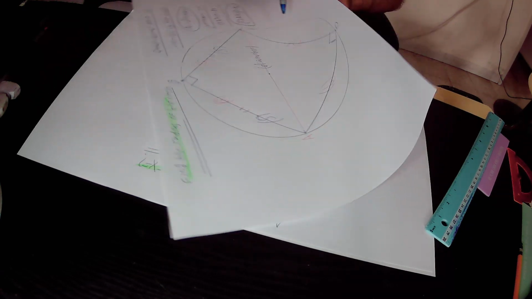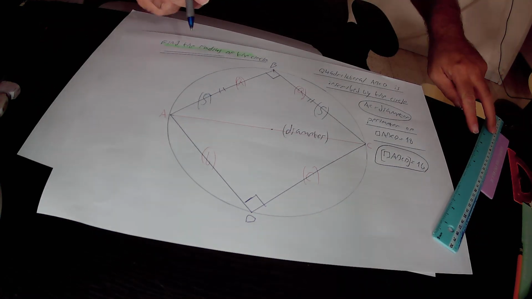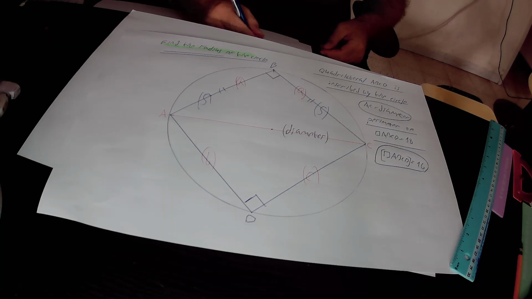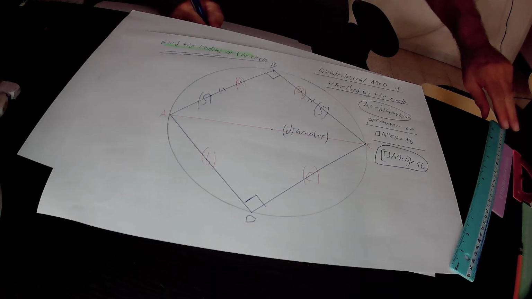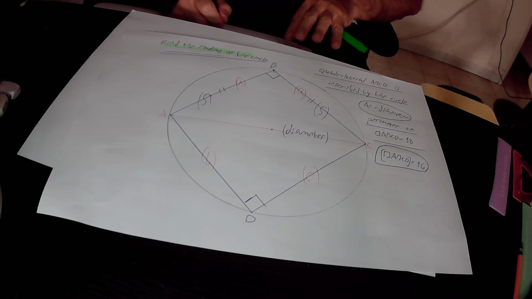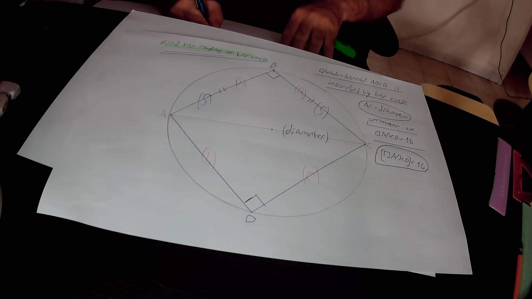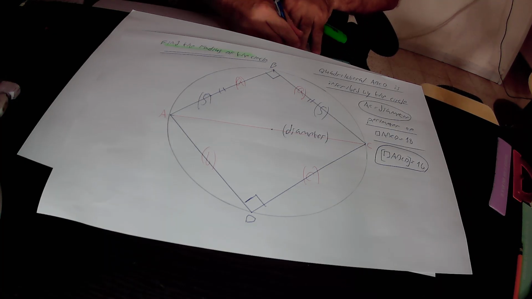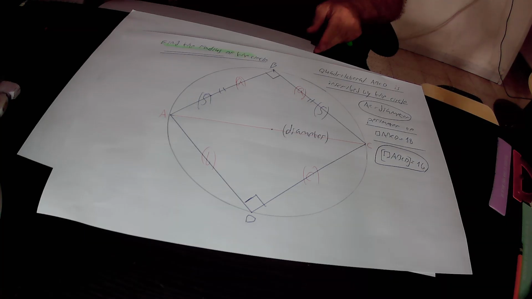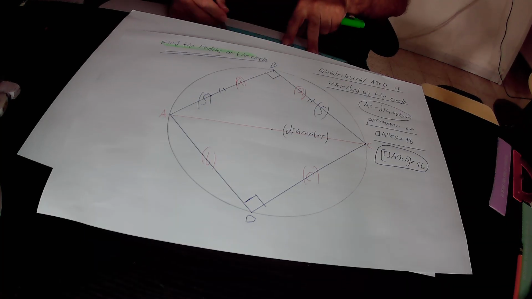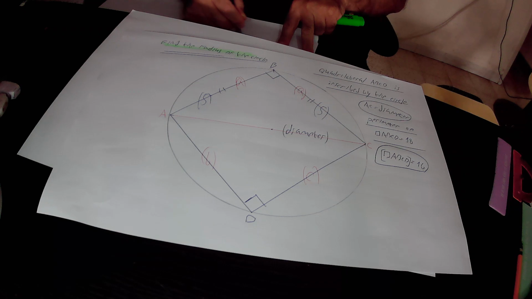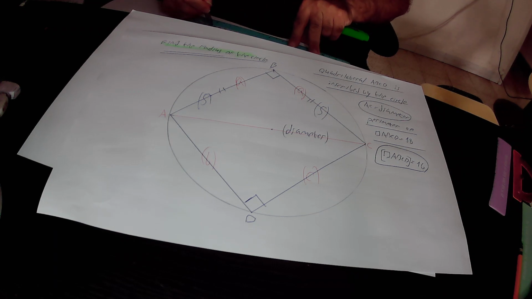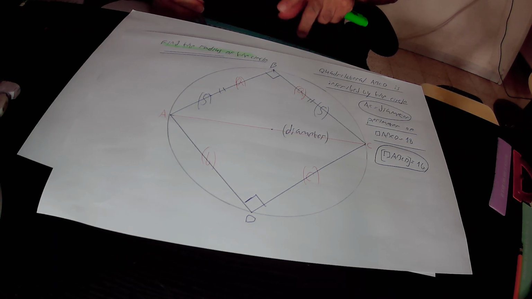So in the next step, we implement the Pythagoras theorem on this triangle ABC.